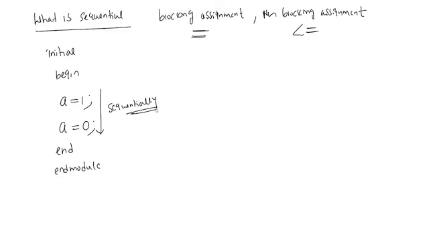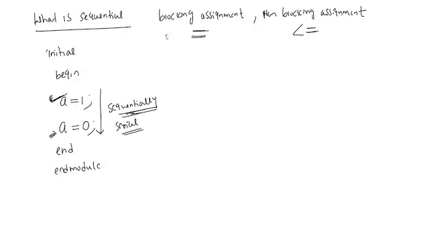Blocking means when one instruction is executing, the next instruction is in a blocked state. Only after executing this instruction does the next start executing. When you use blocking assignments, it will execute serially.